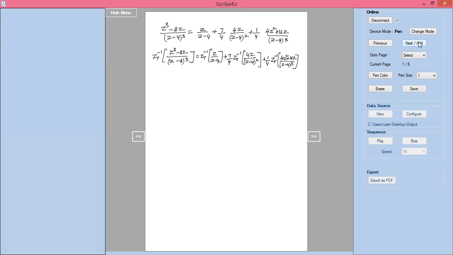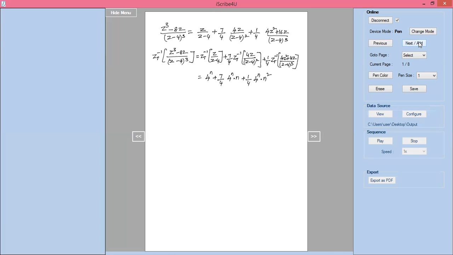According to the inverse Z transform formula, this should be 4 power n, plus 7 by 4 into 4 power n into n, plus 1 by 4 into 4 power n into n square.